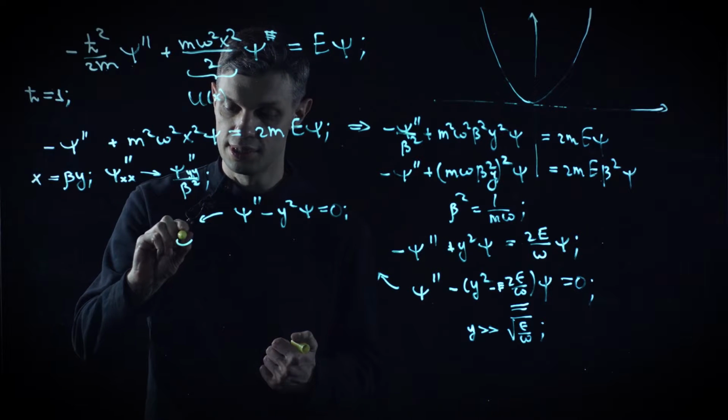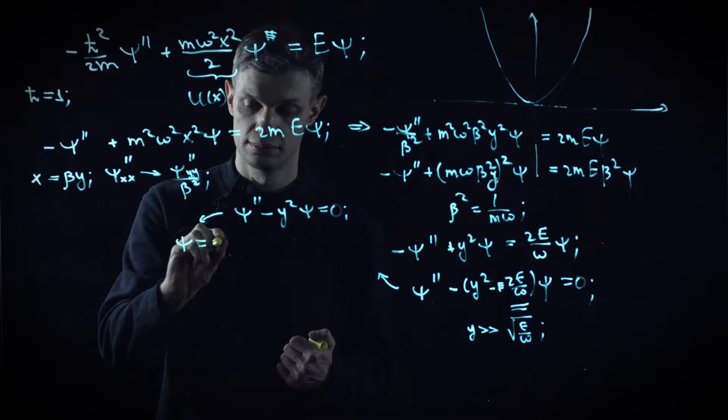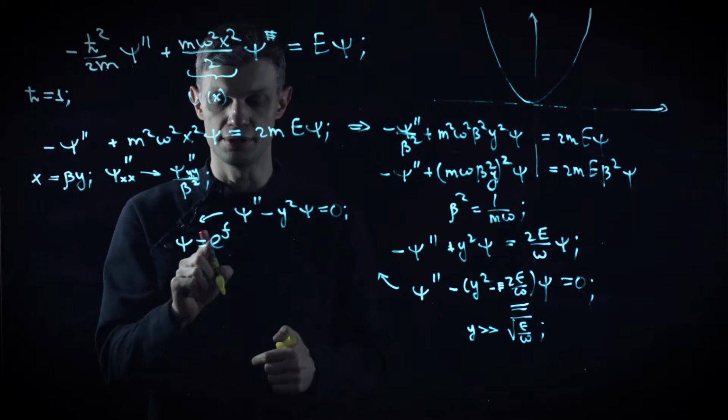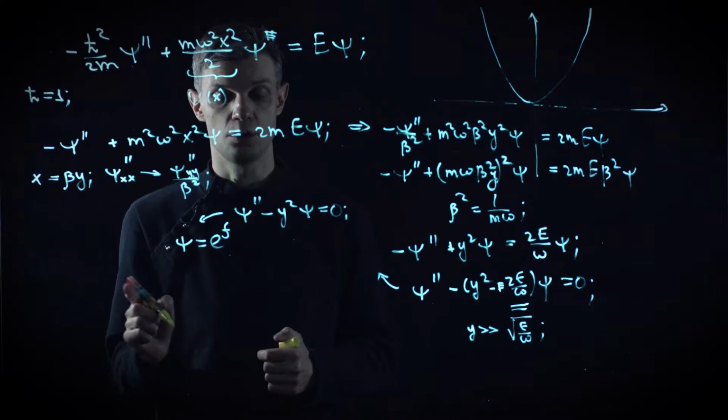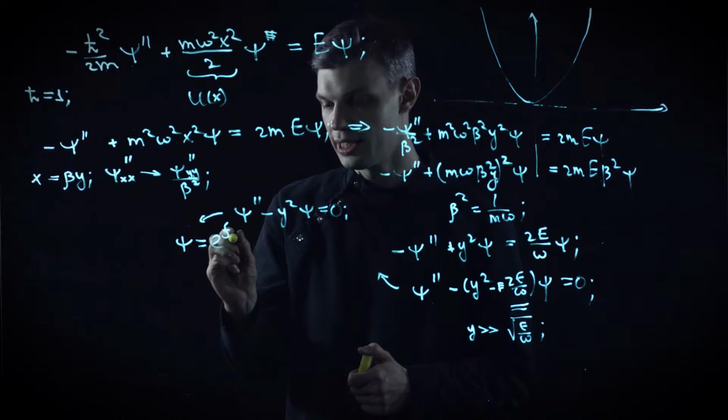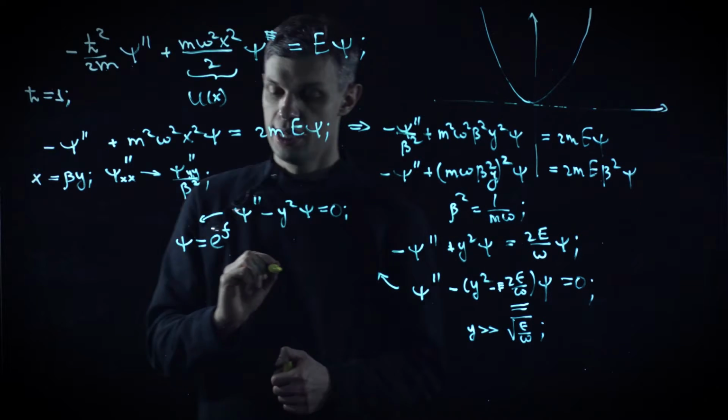So we introduce the new function as follows. Psi equal to e to the f. And then we rewrite our differential equation in terms of this new action-like variable f.